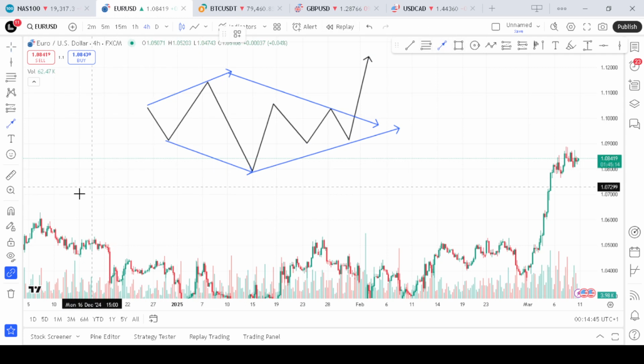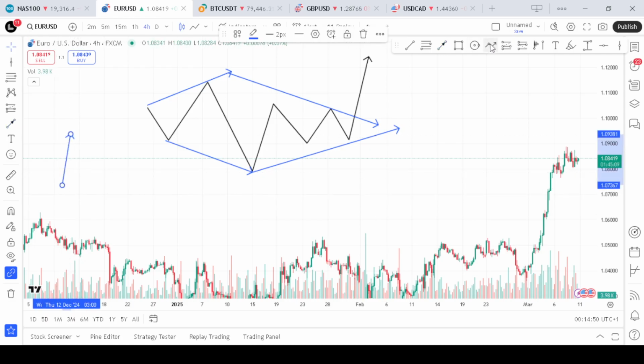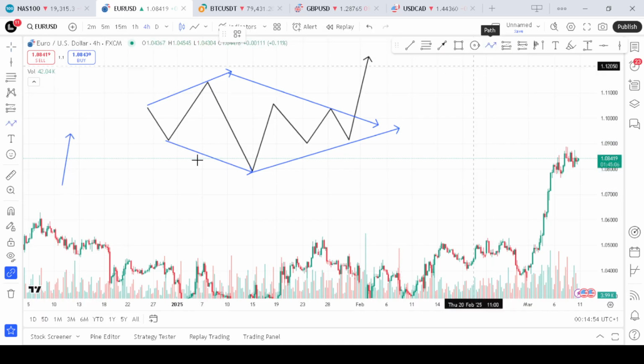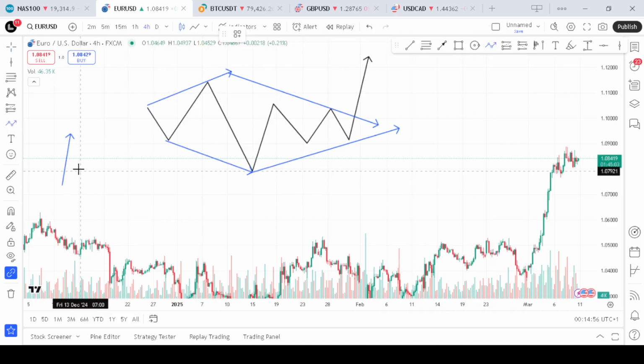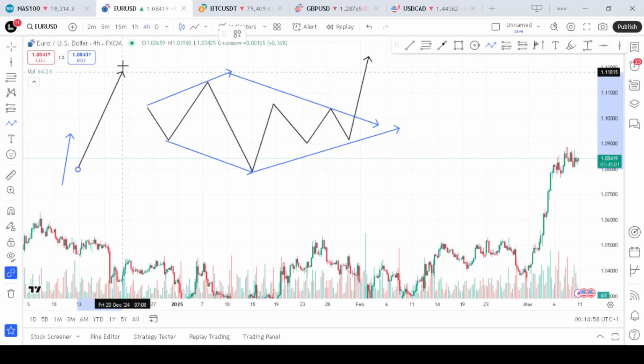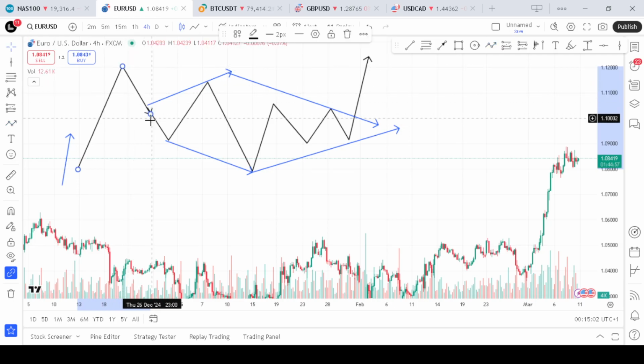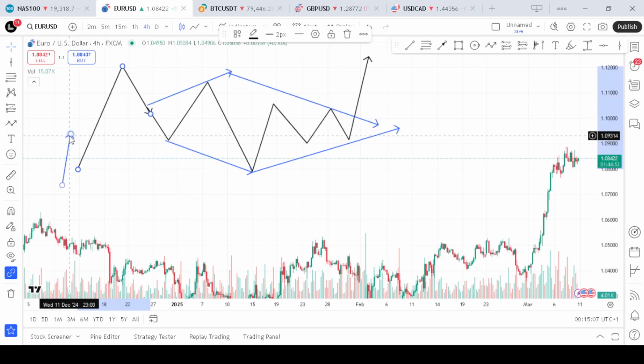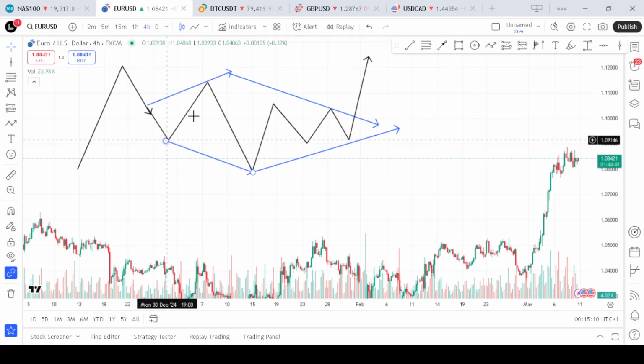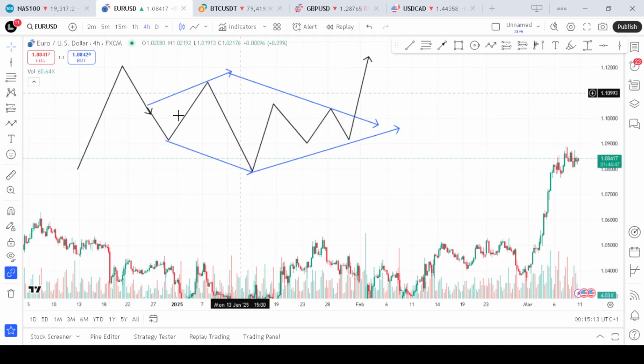Now let's assume price was making a series of higher highs and higher lows. When price was making a series of higher highs and higher lows, price decided to pause, creating another chart pattern within the trend.